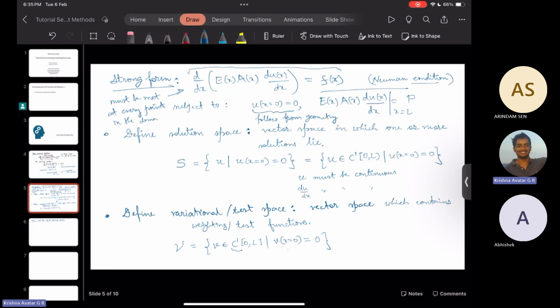So this is what we mean by strong form. Strong form simply means that we require it to be satisfied at every point in the domain.